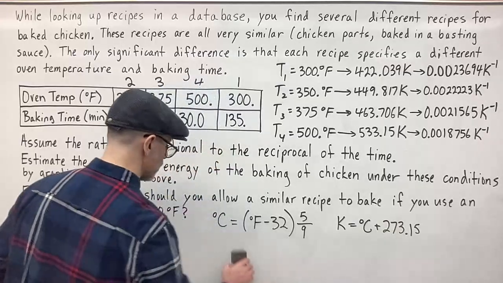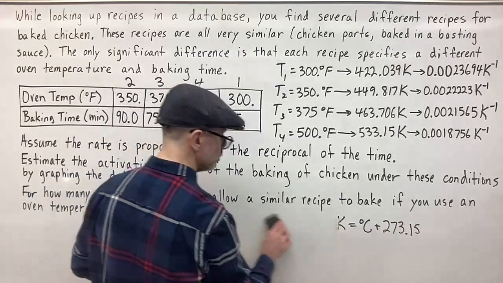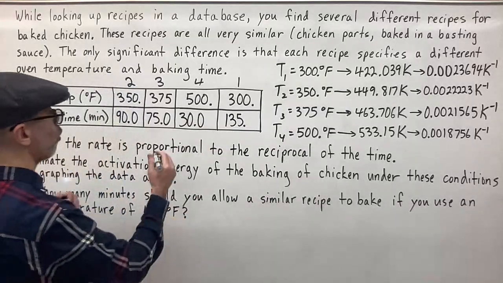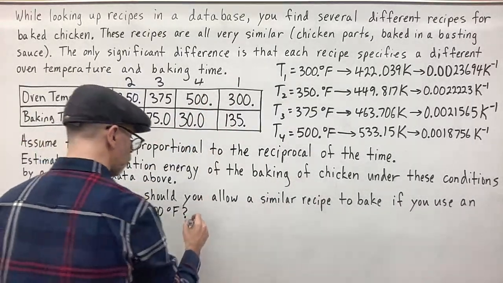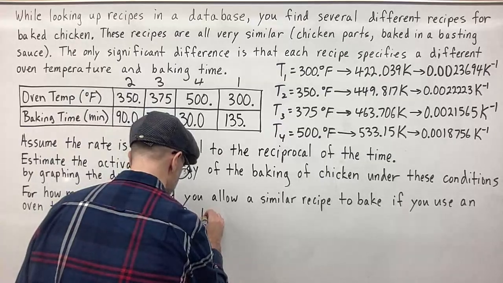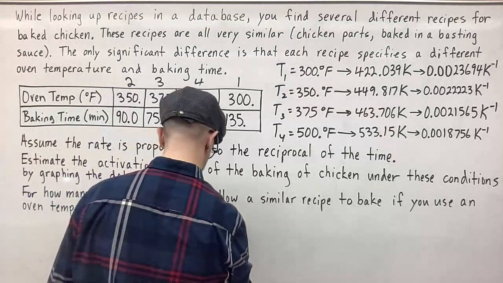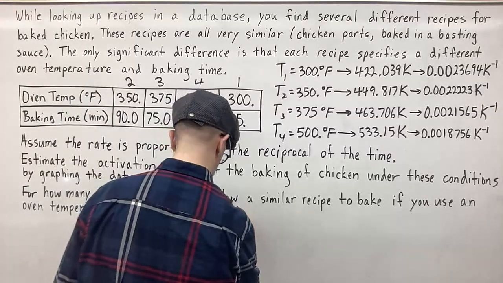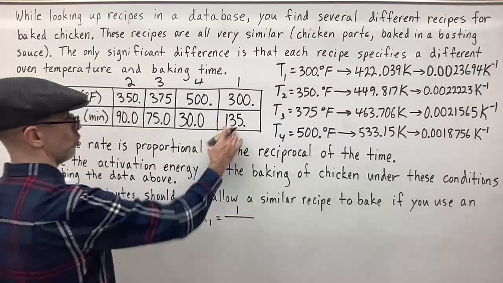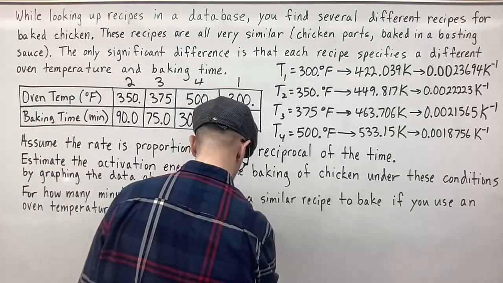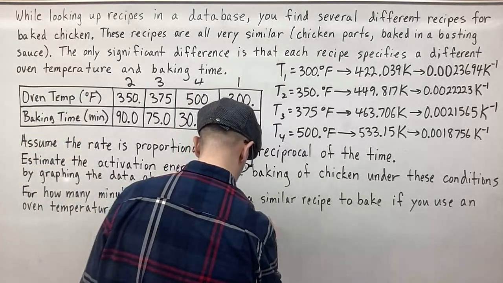So let me erase this. So I'm going to put these points down here. So for number 1, we're going to say that the rate constant K1 is going to be equal to 1 over the number of minutes, 135 minutes.